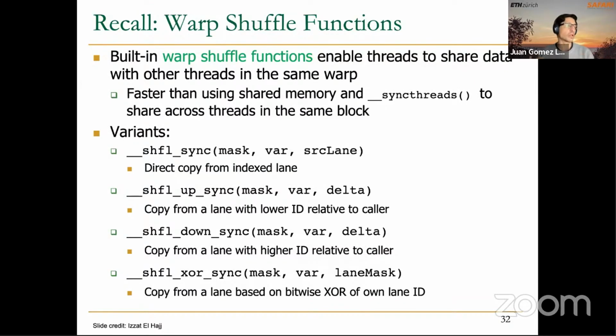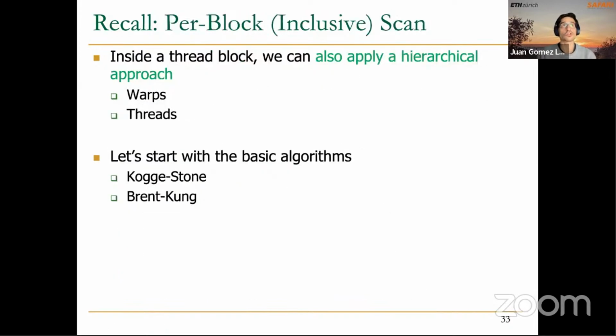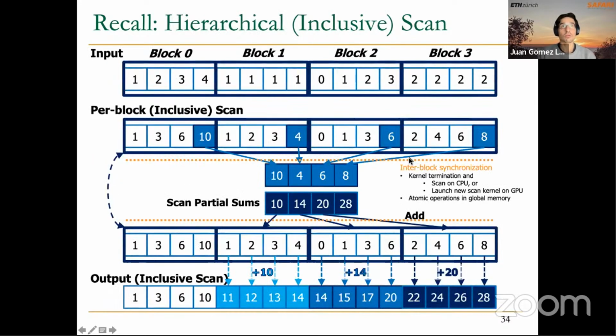Each thread in a warp can directly read from the registers that have been assigned to other threads in the same warp. And we are going to take advantage of these warp shuffle instructions to implement this hierarchical approach to the per-block inclusive scan. Remember that this was our hierarchical scan.